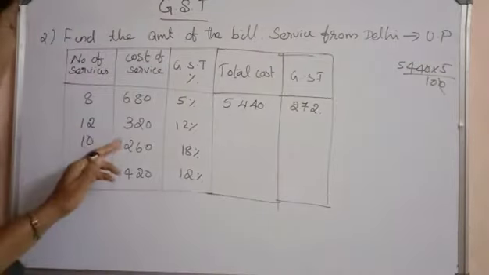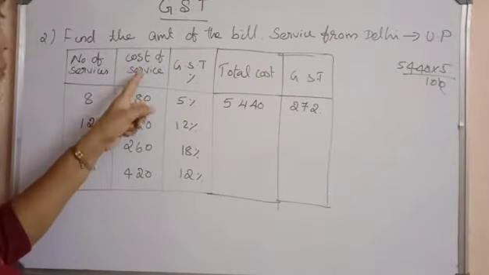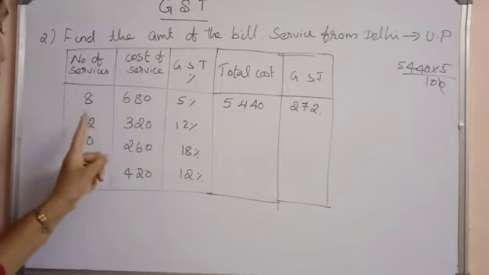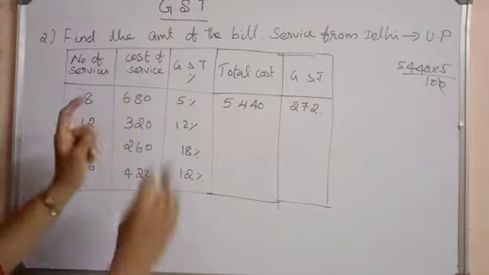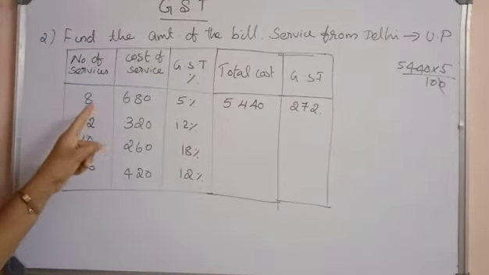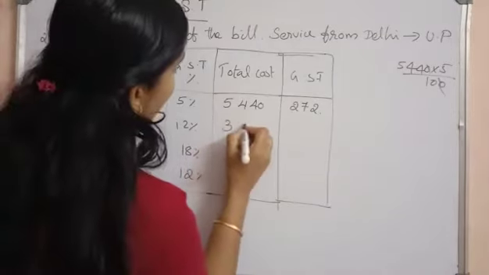Now for the second type, 320 is the cost of each service and the total number of services are 12. Then 12 into 320 is the total cost of this particular service. That is 12 into 320 is 3840.